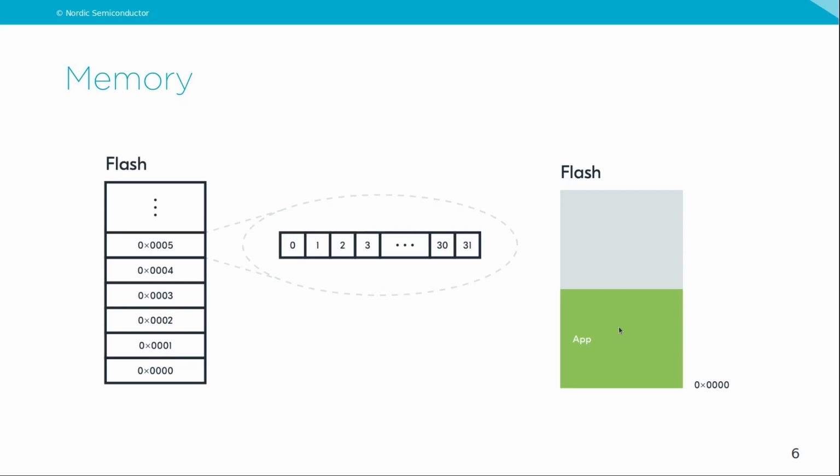So we use it for multiple things, but the main thing we always use it for is to store our application. So on the left side of the screen here, you see that the memory is ordered in addresses. At the bottom of the memory, you have address 0. And since the nRFs are 32-bit memory, every one of these has 32 bits in it.